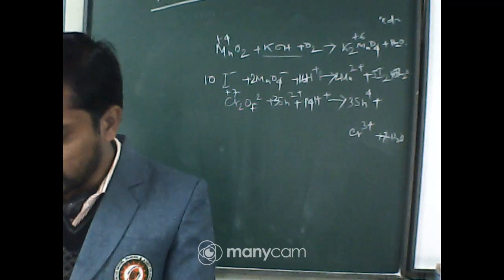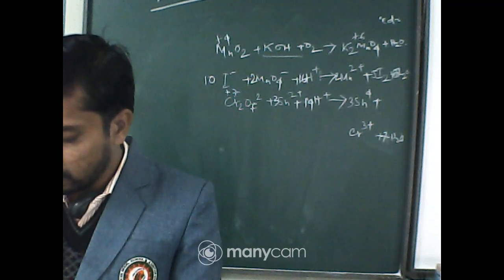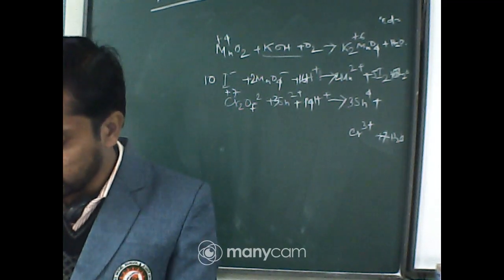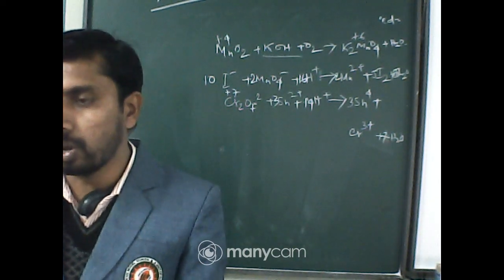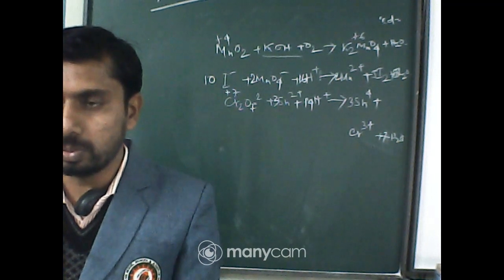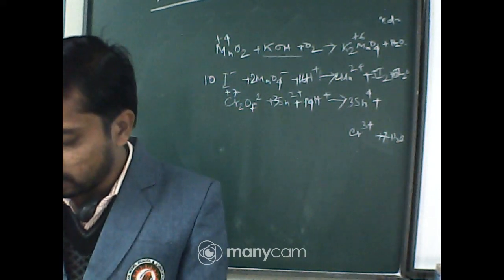Because of its high hydration energy, which compensates for the lower electron gain enthalpy. Fluorine has a strong hydration energy which compensates for it.